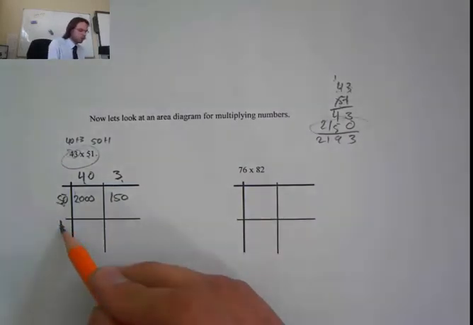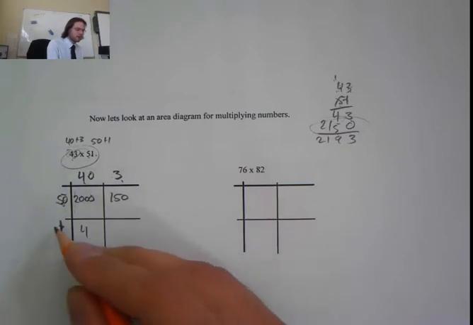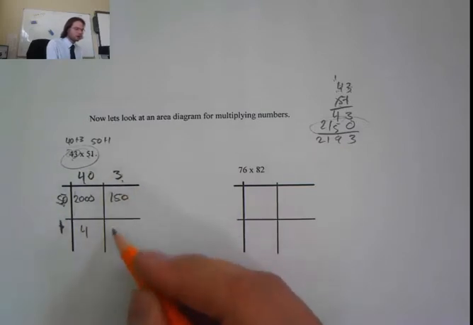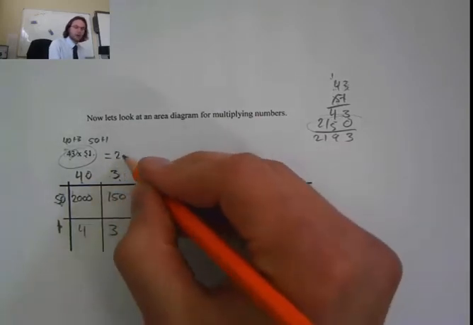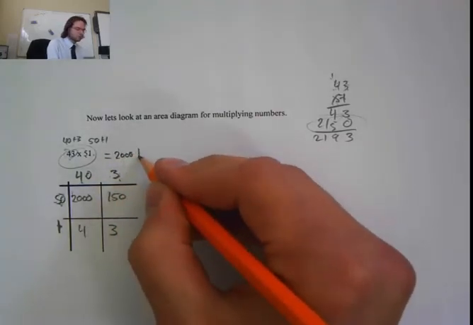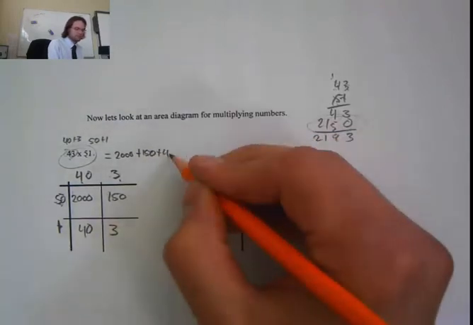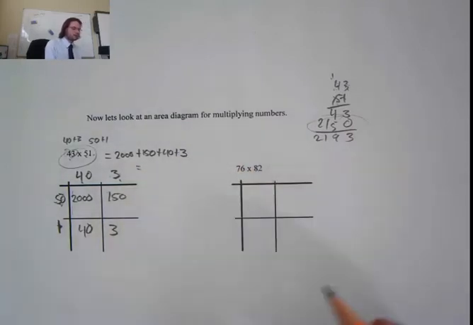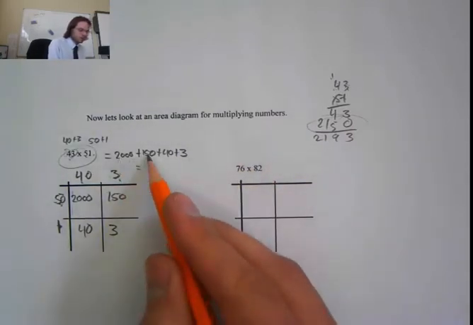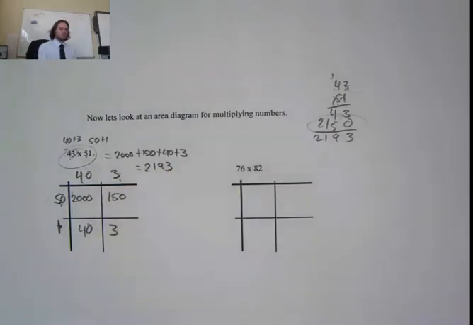So now I'm going to go 1 times 40. Now I'm doing the 1 multiplied by both of them is 40. And then I'm going to go 1 multiplied by 3 is 3. So this is the same thing as saying 2,000 plus 150 plus 40 plus 3. Okay? This is going to end up giving me 2,193, which is the same as this.